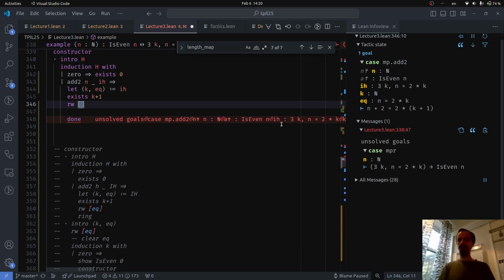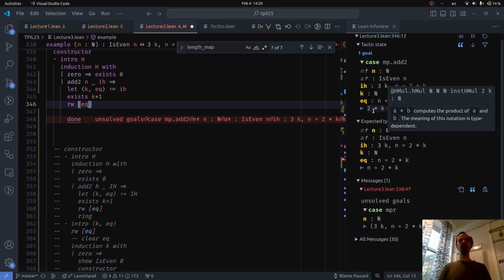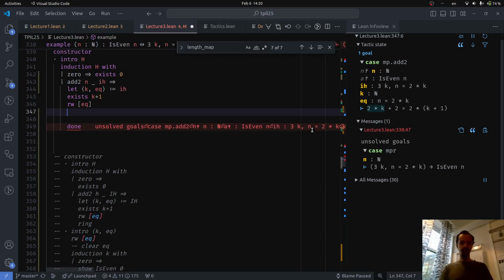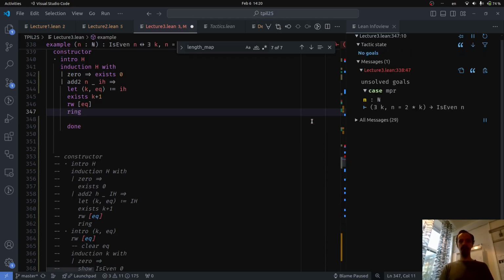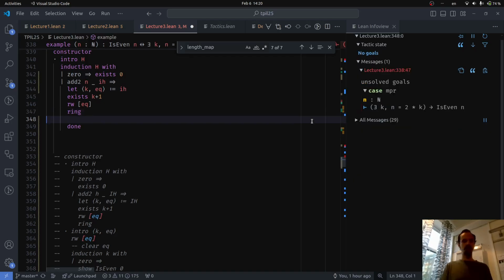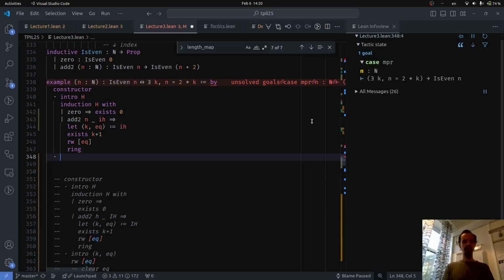So if we rewrite with eq here, then now we have to prove 2 times k plus 2 is equal to 2 times k plus 1, which is true by ring. Ring, if you recall, is this thing that proves things about polynomials, and this is a true property of polynomials, so nice. And that's the first half of the proof.